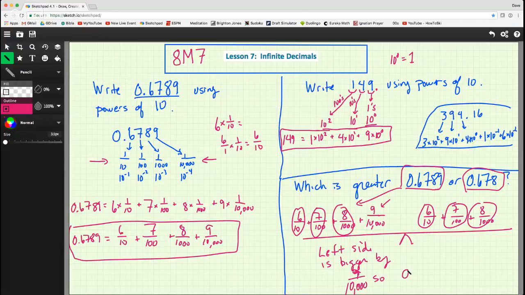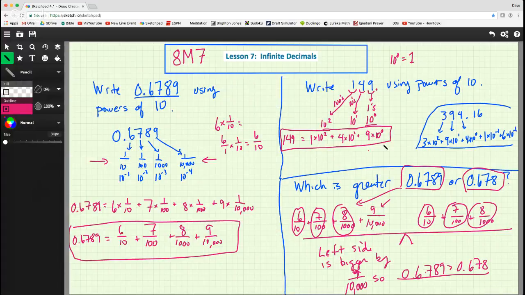So 0.6789 is greater than 0.678. Okay, so this is relatively straightforward.